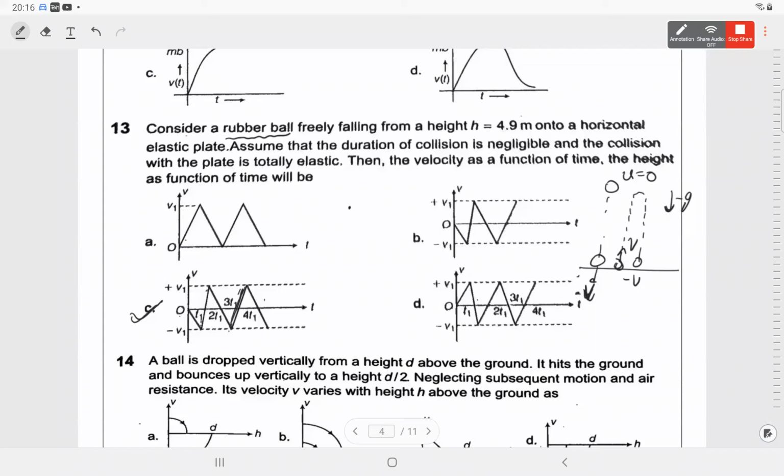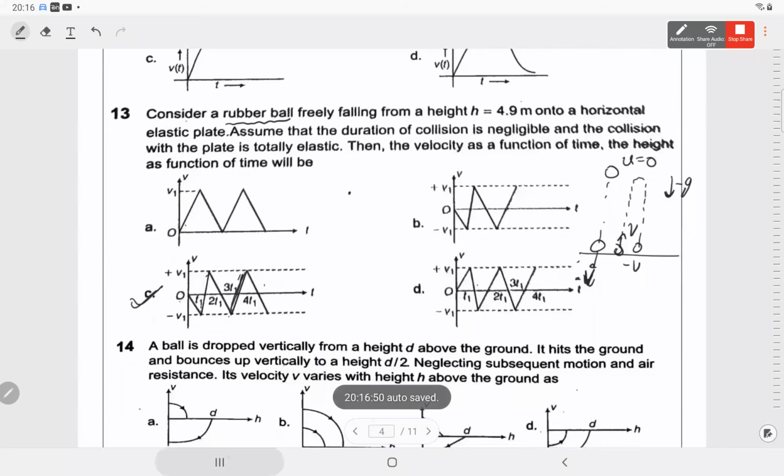What is the issue between B and C? Time interval is not equal. Here the time interval is equal, t1, t2, t2, because it is going at the same speed. So that's why.